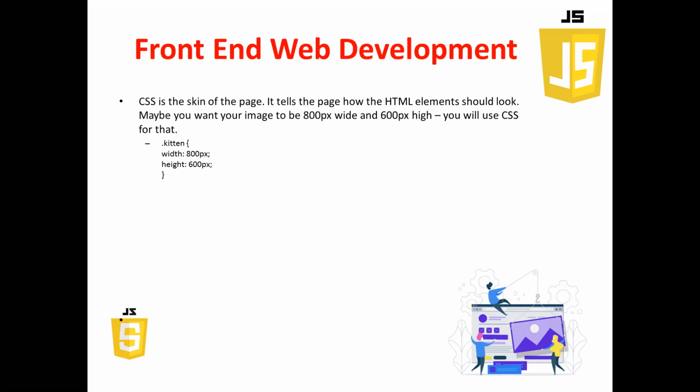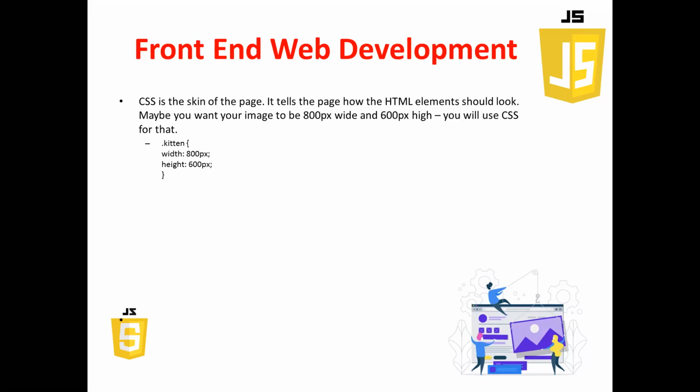CSS is the skin of the page. We already learned about CSS. If you want to make our website in a presentable format, we get help from CSS. It tells the page how the HTML element should look. Maybe you want your image to be, for example, 800 by 600 pixels.